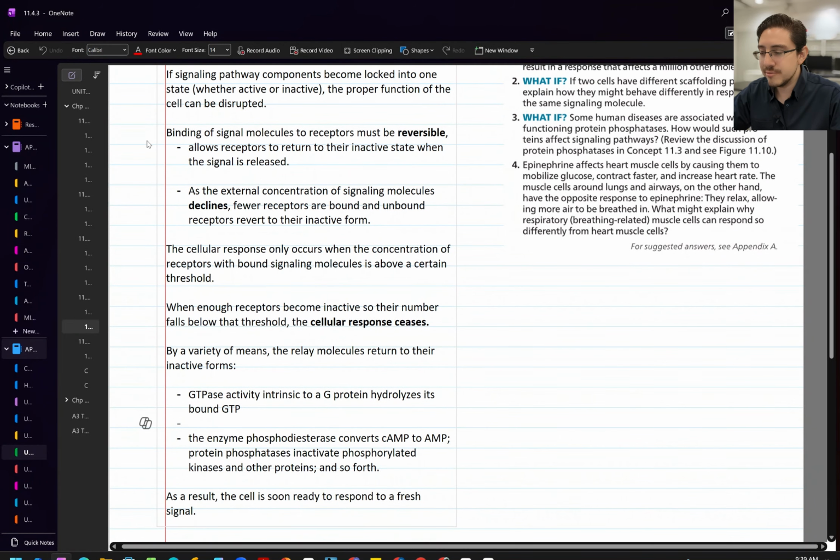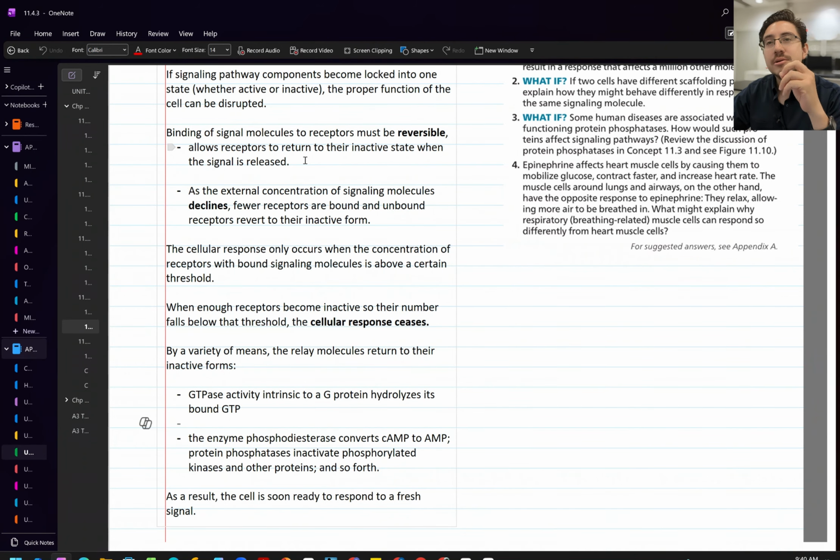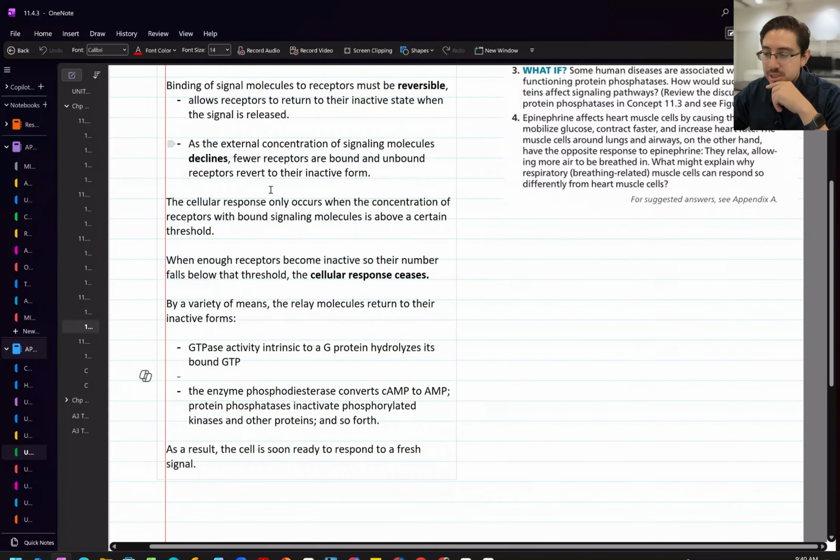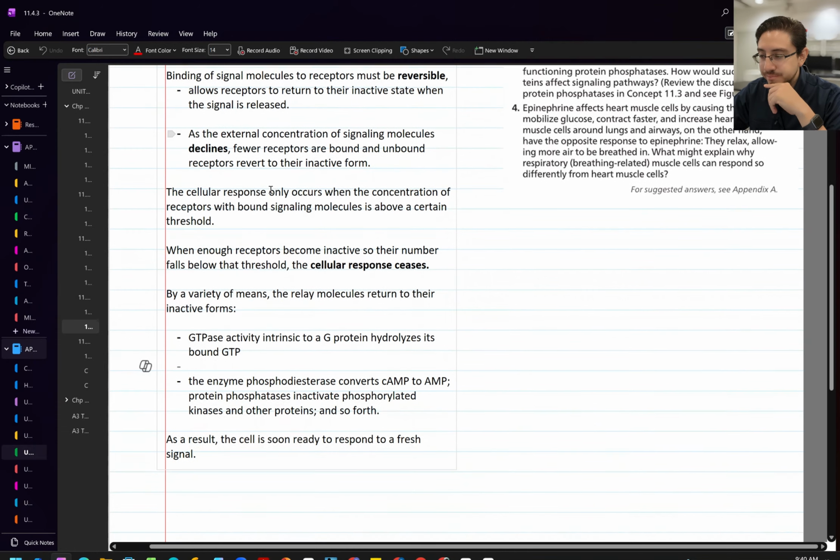As we know with processes in terms of enzymes, this binding of signal molecules to receptors is usually reversible, in the sense that receptors need to return to their inactive state once the signal is broken down or released. You don't want to have a signal constantly active.